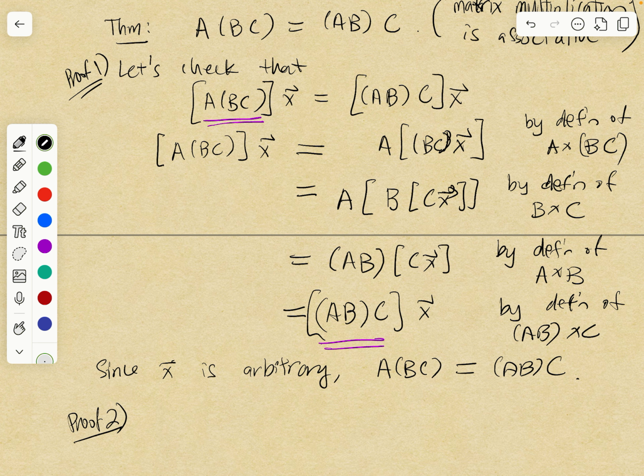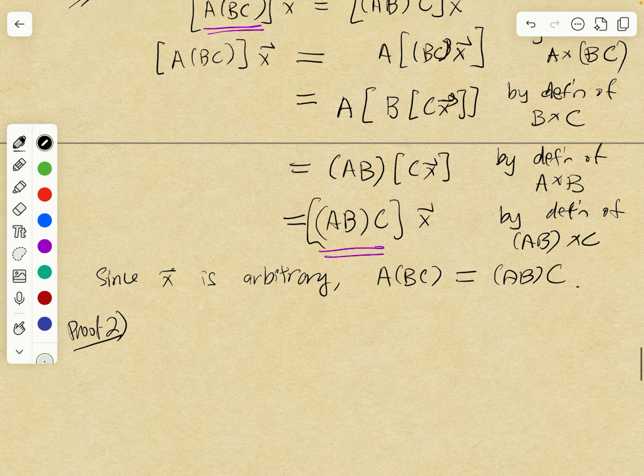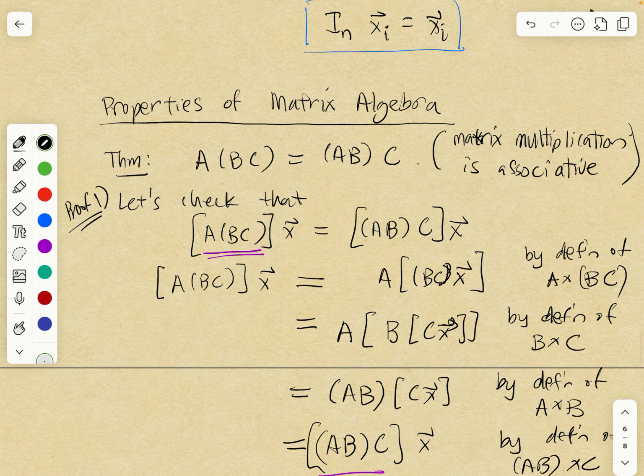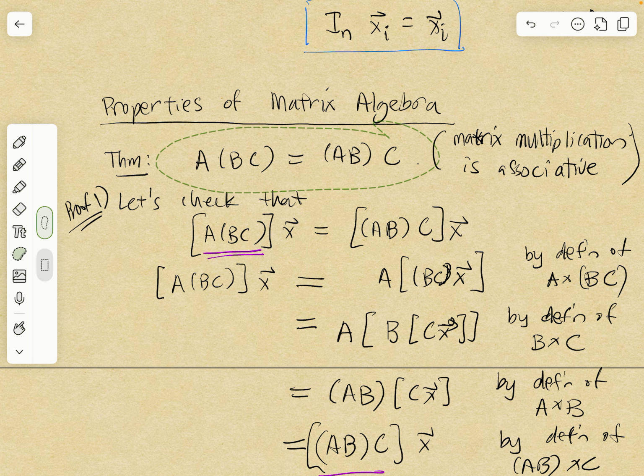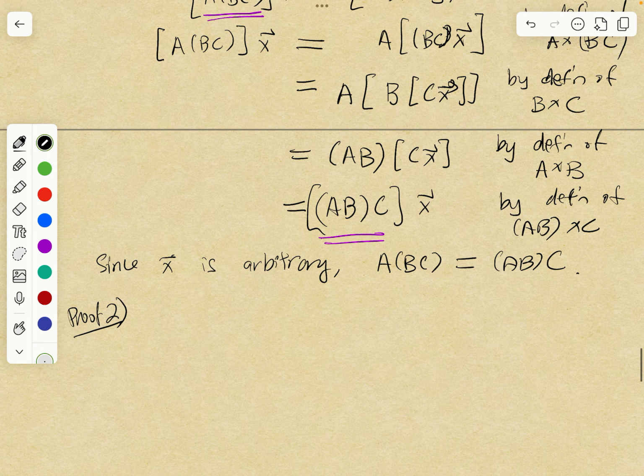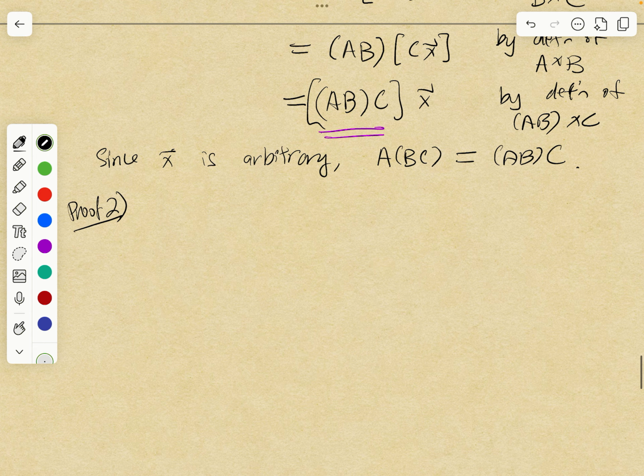Because we know that function composition is associative, and one way to think about this statement is, okay, this matrix multiplication is associative, but if we think about it in terms of composition of linear transformations, and we know that function composition is associative, that will lead to a second proof. So that's the one I'm about to show.